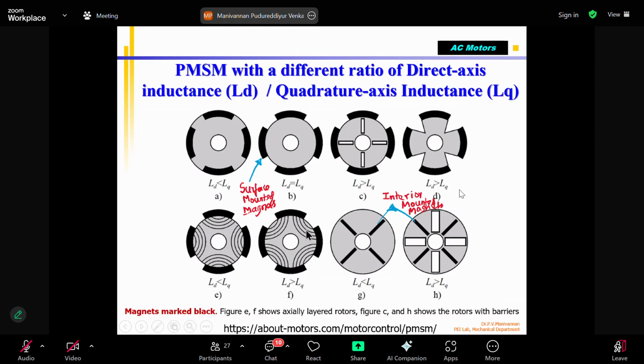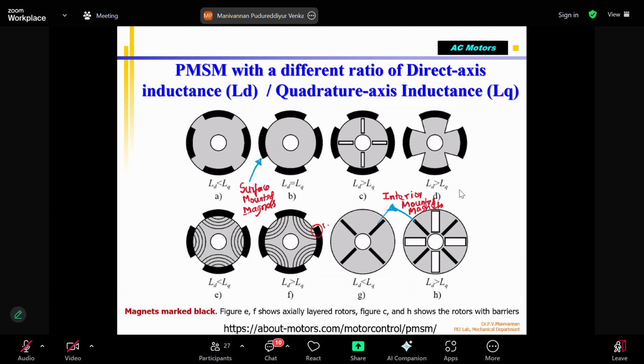These are called magnetic flux, because you know that a permanent magnet has north and south poles. For example, this is the north pole where I am showing the arrow. This is the south pole. Again, this is the south pole, this is the north pole, and again south pole, north pole. There are four magnets. So the magnetic flux created by the north pole, I can show it, this one you can understand.